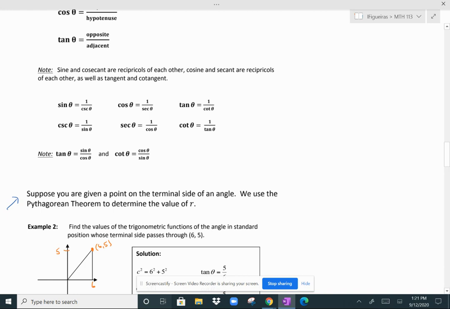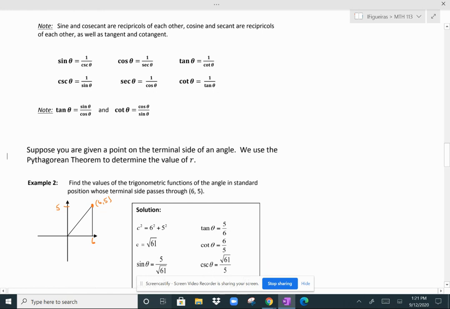Remember, the terminal side is where the angle stops rotating. The initial side is where it starts, and we typically start on the positive x-axis. So we can use the Pythagorean Theorem to help us determine the value of r. And remember what r is. It is your hypotenuse.